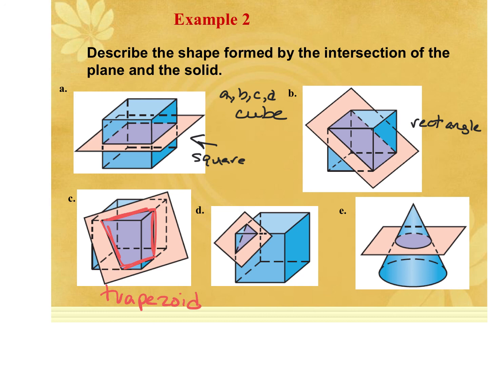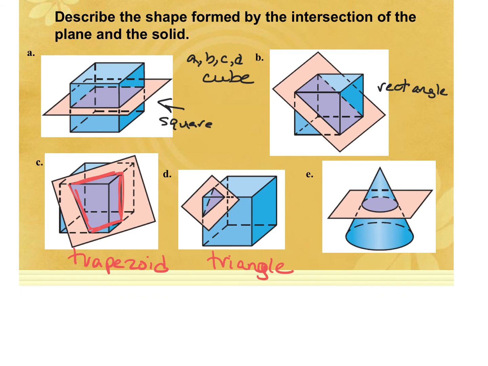And then here, if you just chop off the corner, what results here is a triangle. And the last one, they changed the solid on example E. This solid is called a cone. And when you slice it with that plane, the cross-section shape is a circle.